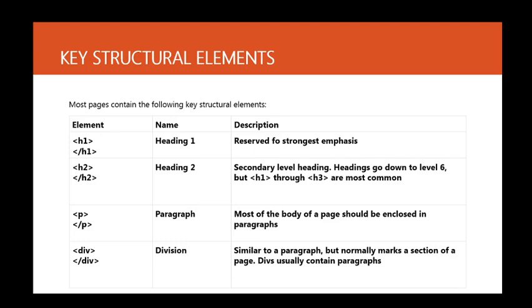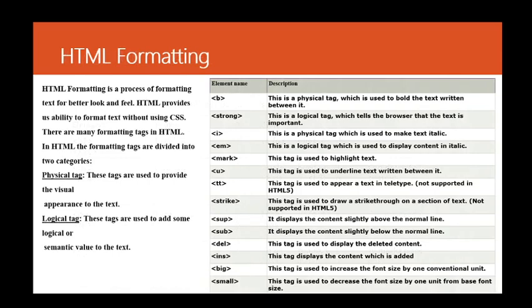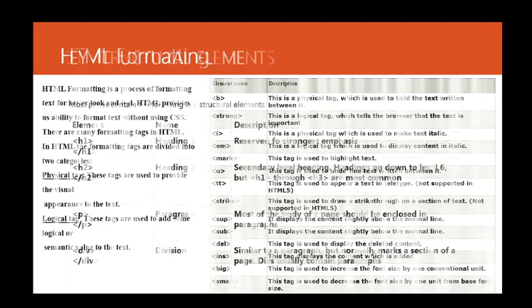Yesterday in the lecture, we discussed some of the very important tags of HTML. For example, we discussed the structural elements like headings and paragraphs. We discussed the various elements which are used for formatting. For example, you've been given two different types of formatting tags, physical and logical, how they can be used, and how you can apply them in your web page.